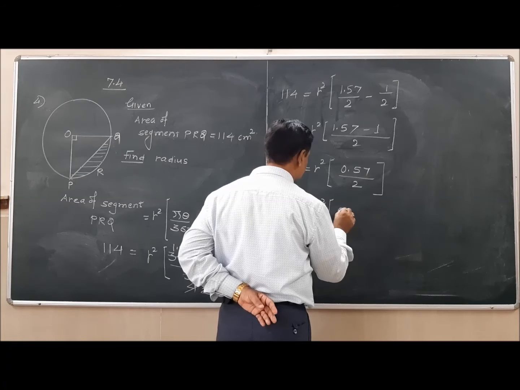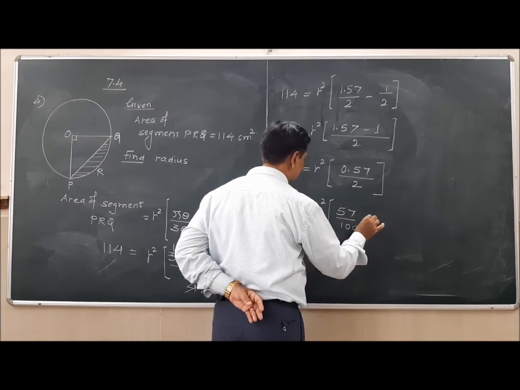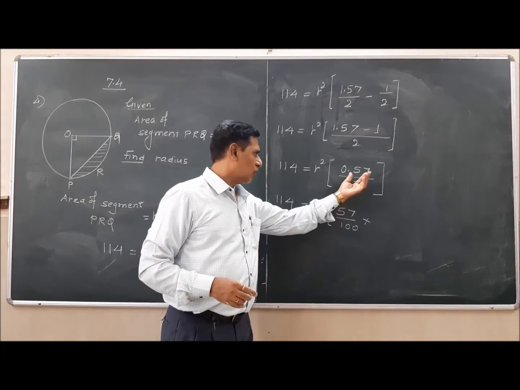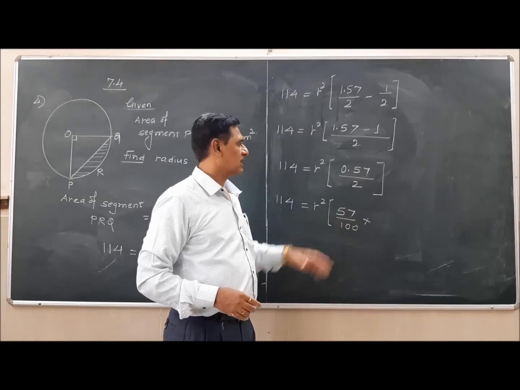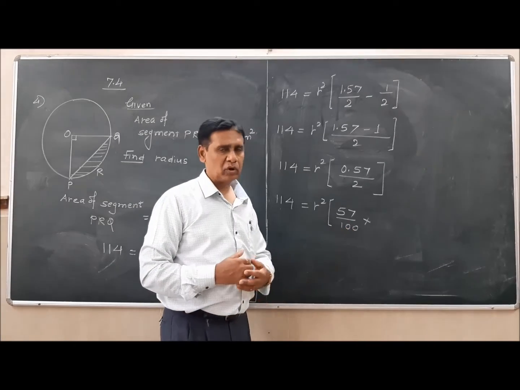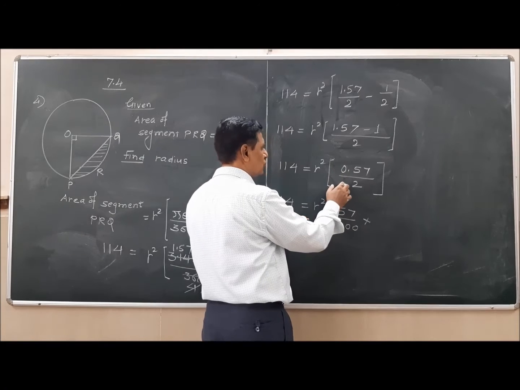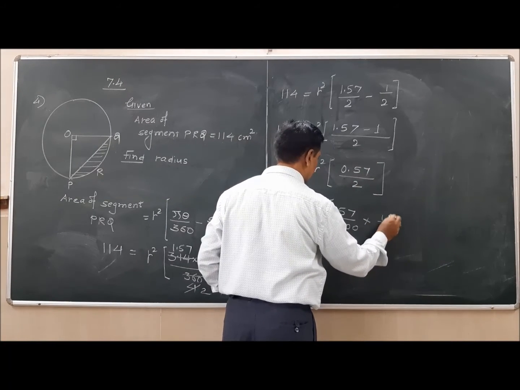0.57 I can write as 57 upon 100. Please notice this r square 0.57: I chopped out the decimal and converted it into the fraction 57 upon 100. Now this is nothing but 1 upon 2 separately.